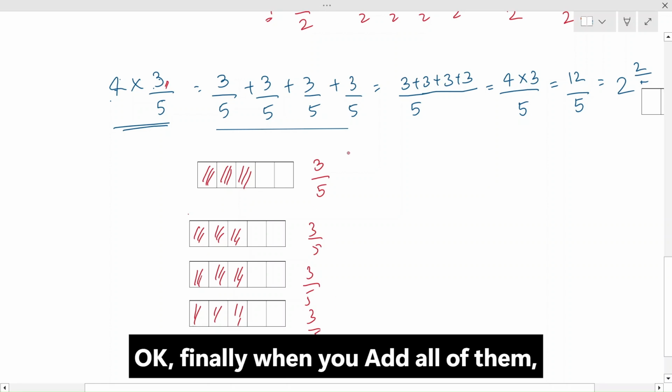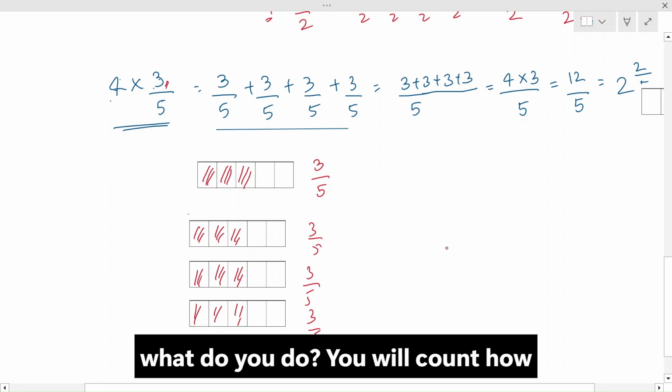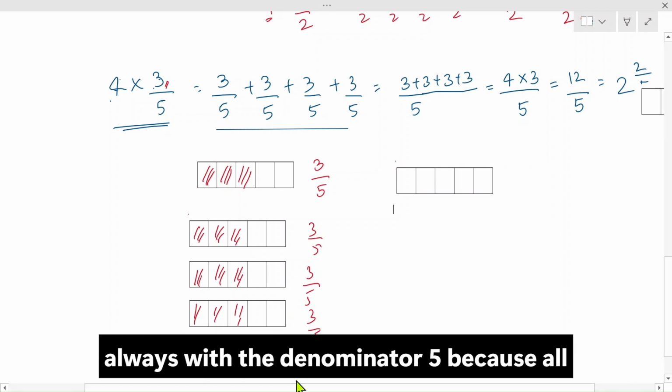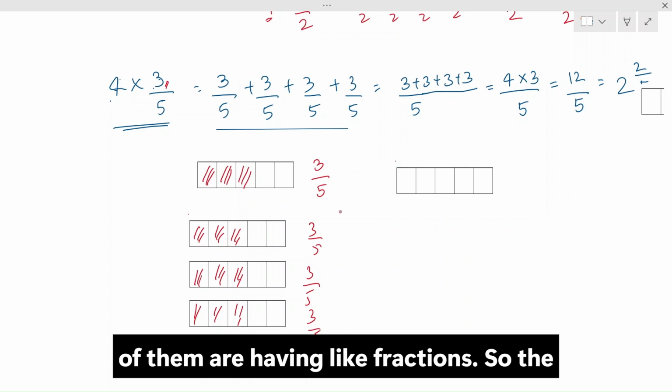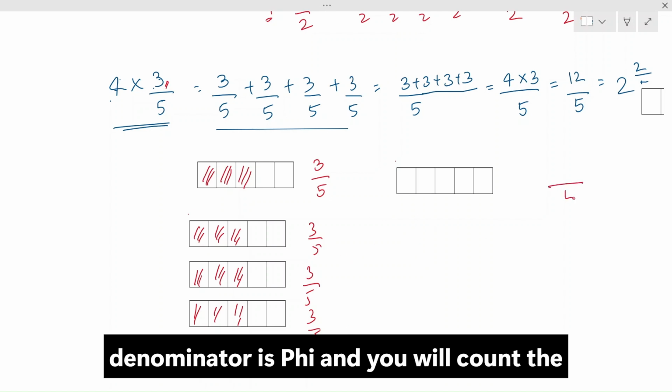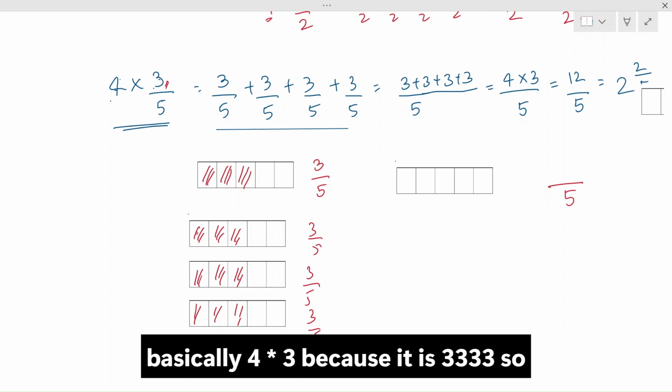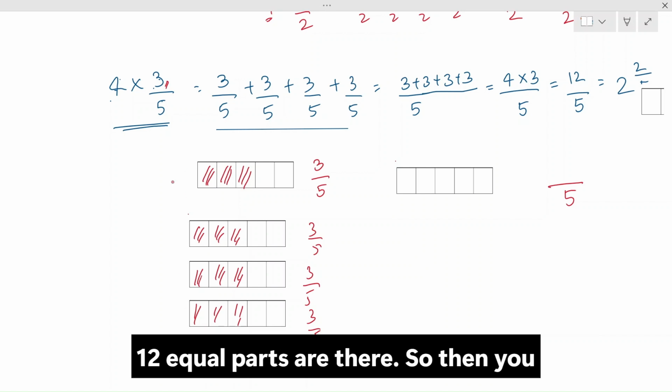So finally, when you add all of them, what do you do? You will count how many equal parts there are, which is always with the denominator 5, because all of them are like fractions. So the denominator is 5, and you will count in total how many equal parts there are. That is basically 4 times 3, because it is 3, 3, 3, 3. So 12 equal parts are there.